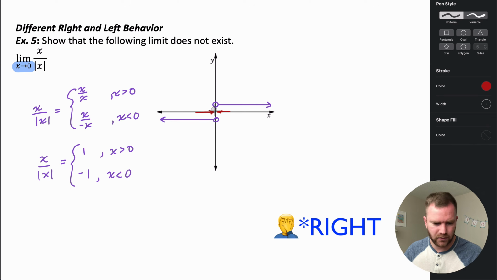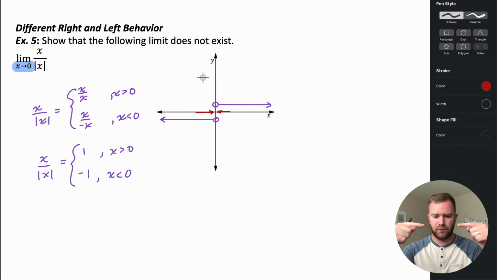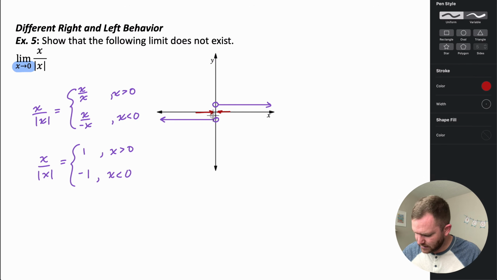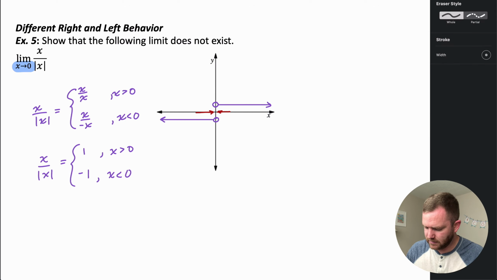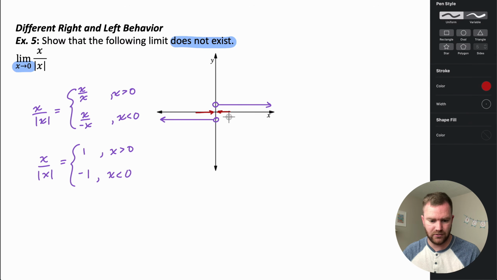So in order for the limit to exist, as we approach from either side, they need to approach the same number in both directions. Because this approaches different values, we say that this limit does not exist. So the limit for this does not exist because it approaches different values from either side.